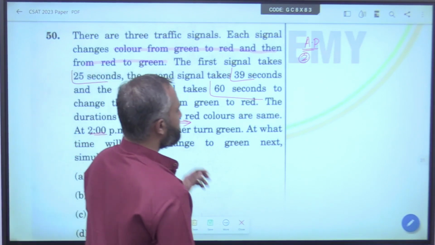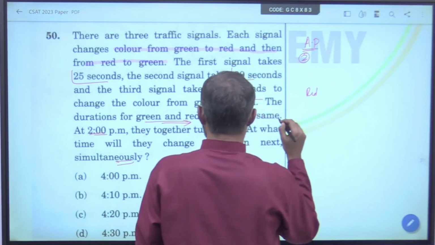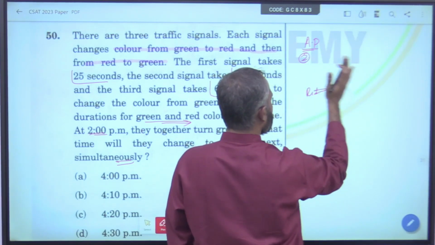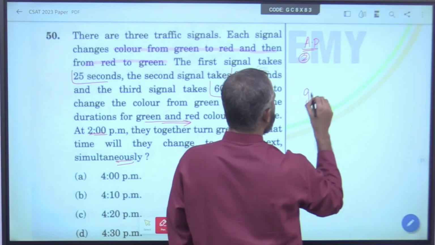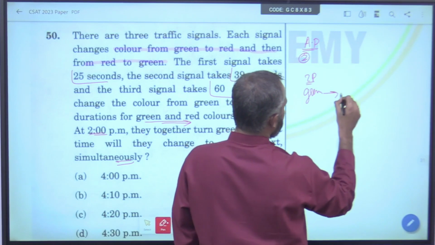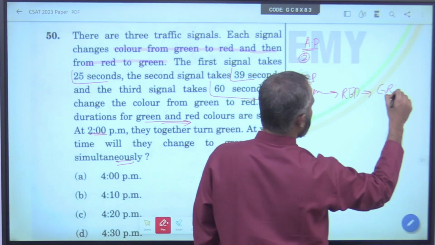So what he is asking is, at 2 p.m. they were green. After this they turn into red and then they turn into green again.